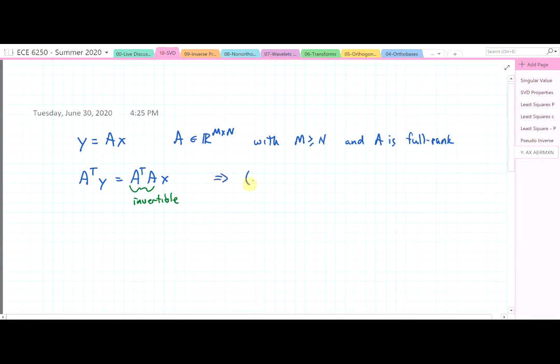So we can then write (A transpose A) inverse A transpose y is equal to x. So just a demonstration of the logic behind where we get those expressions and how that works. Okay, so just a little bit left.